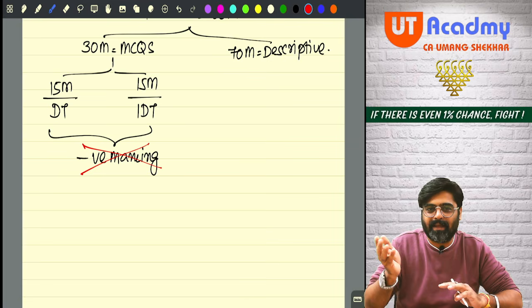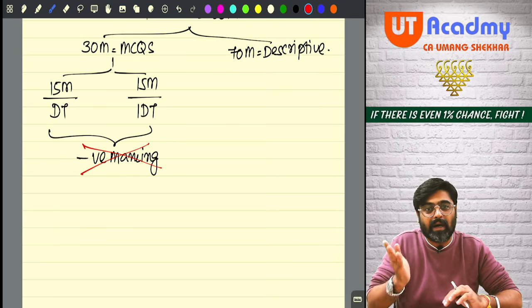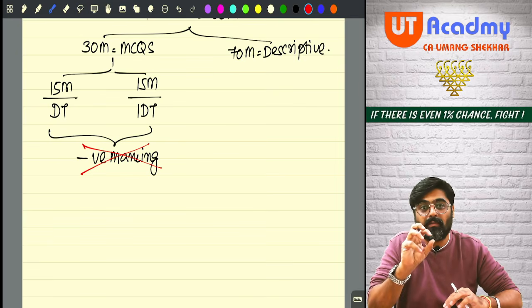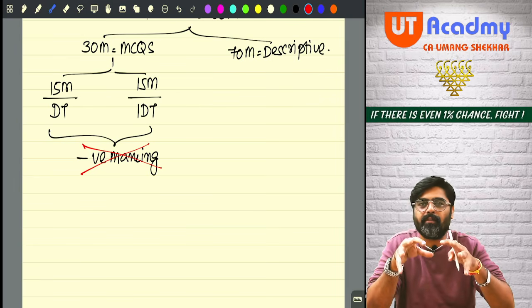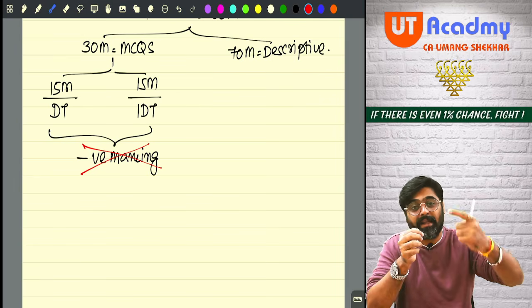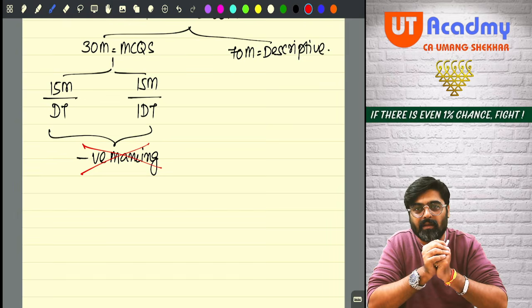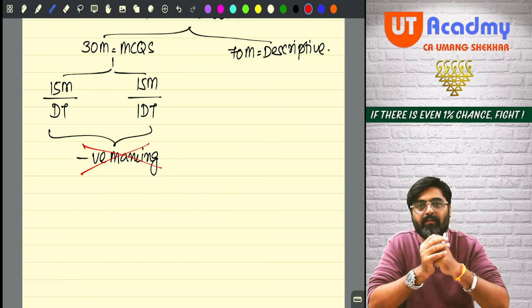In your examination, the institute asks you MCQs on the basis of your conceptual clarity. There will be case studies given in your MCQs, and based on each case study, 2 or 3 MCQs will be there. Some MCQs will be having 1 mark, some MCQs will be having 2 marks.